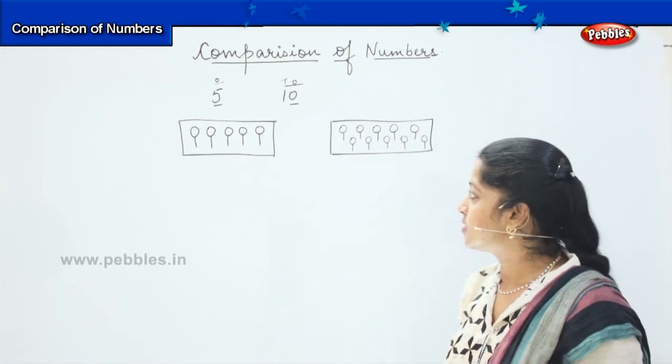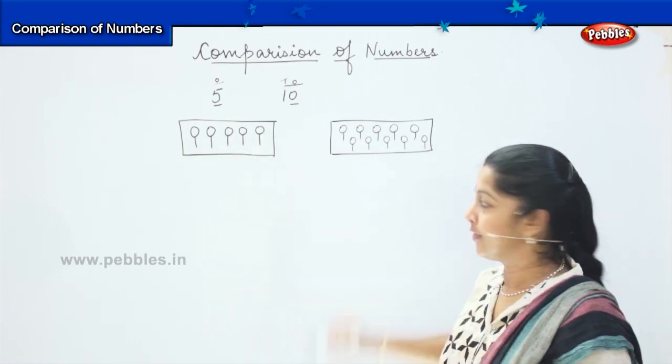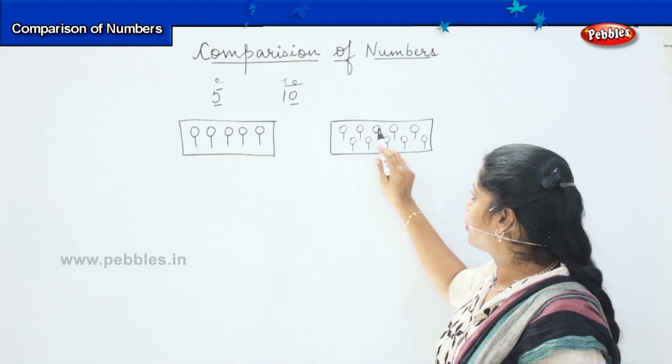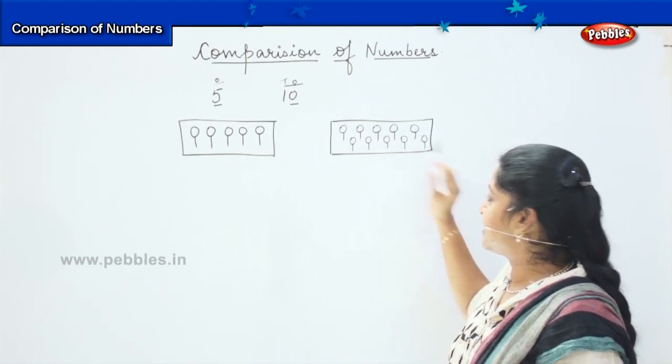Okay. So shall we count? It's 1, 2, 3, 4, 5 and 1, 2, 3, 4, 5, 6, 7, 8, 9, 10.